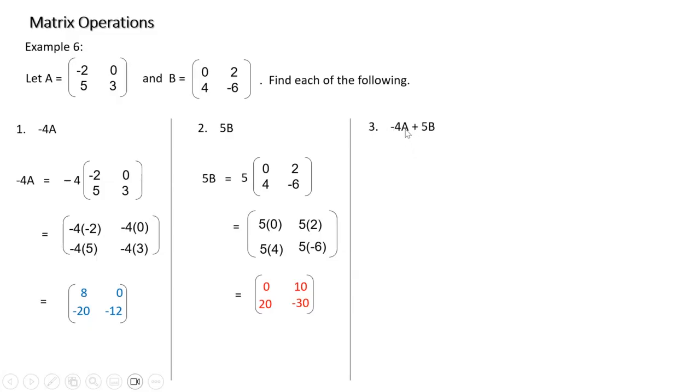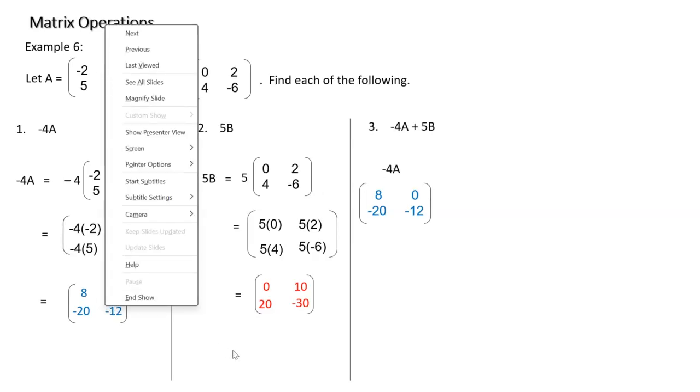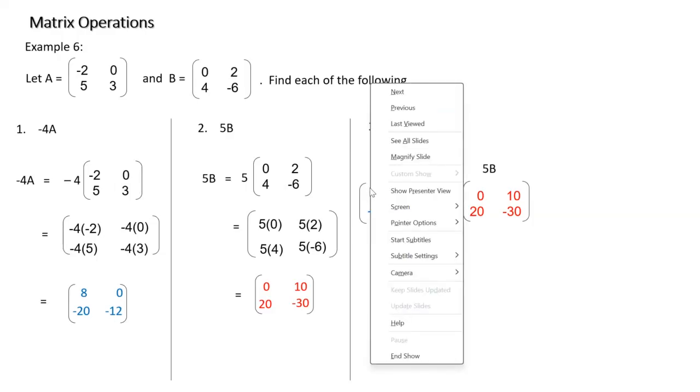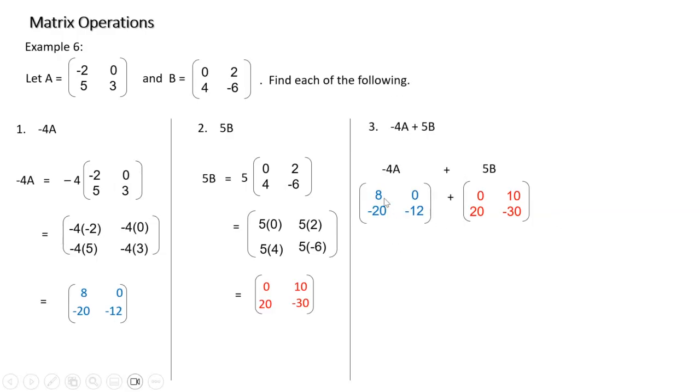Now for part 3, it's going to be the answer from 1 plus the answer from 2. So -4A was 8, 0, -20, and -12. Plus 5B, it was 0, 10, 20, -30. Now we're going to add them, like we did in the first example when we added matrices.